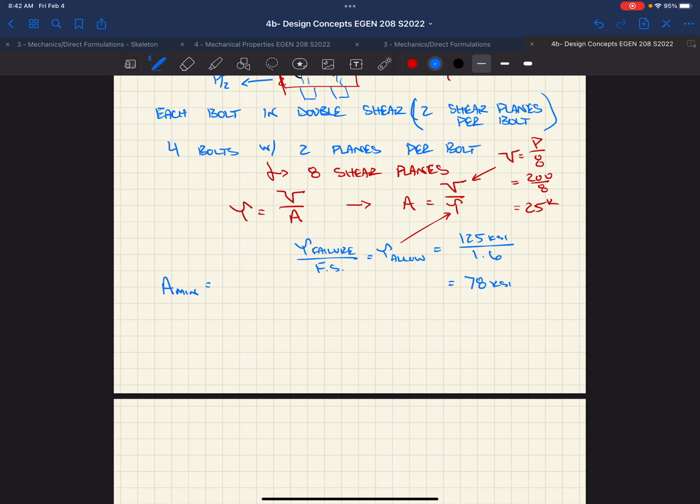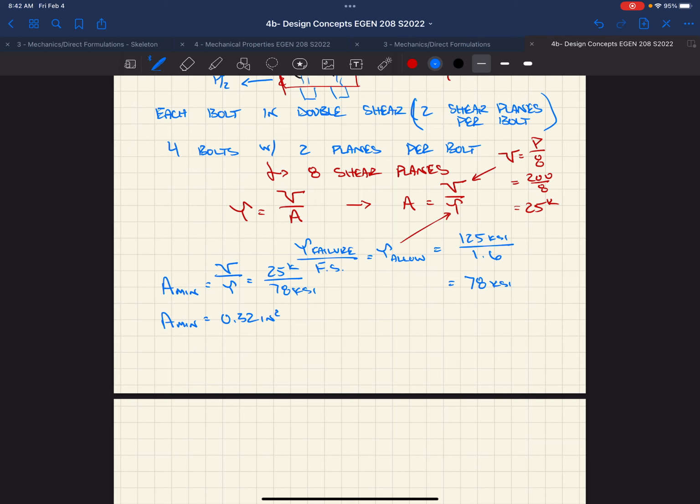So this is going to be a minimum area, and that minimum area is V over tau. In our case, it's 25 kips over 78 KSI. If you notice, the units work out in our favor also. Kips over KSI gives us square inches. So our minimum area is 0.32 square inches.